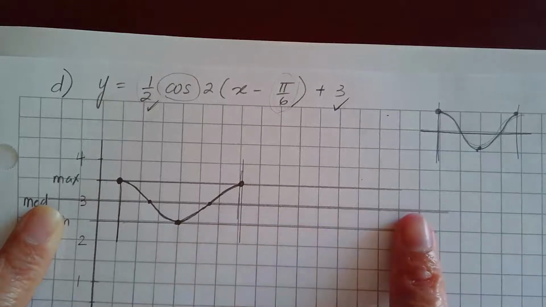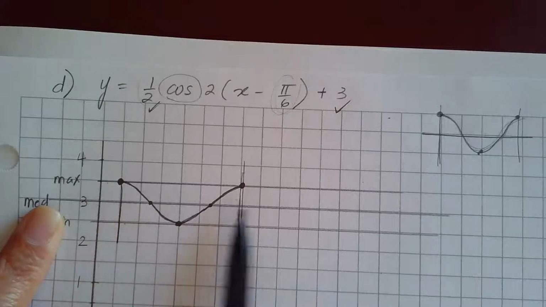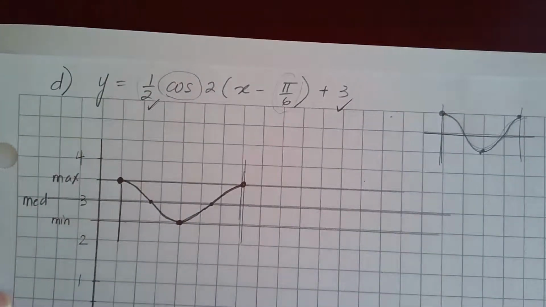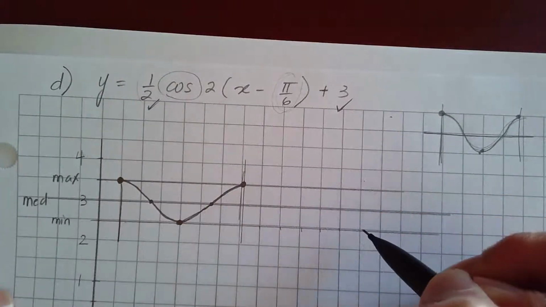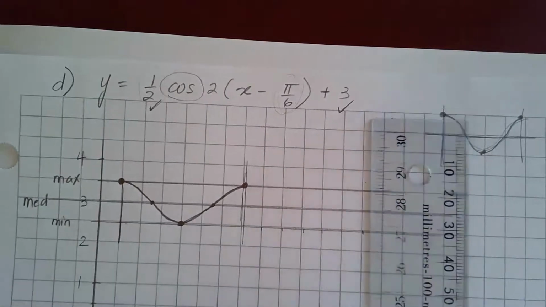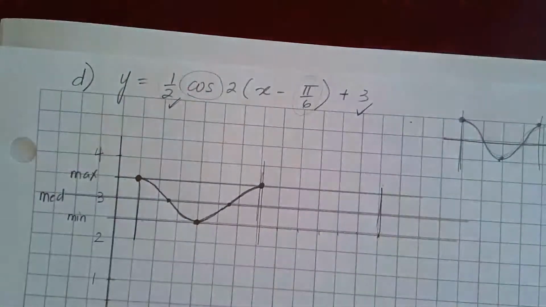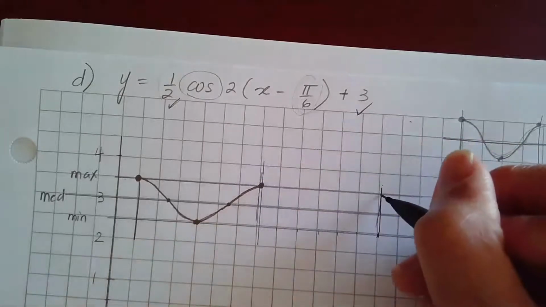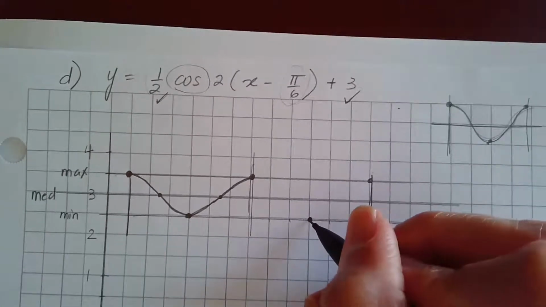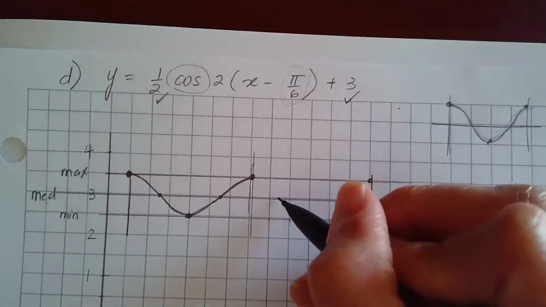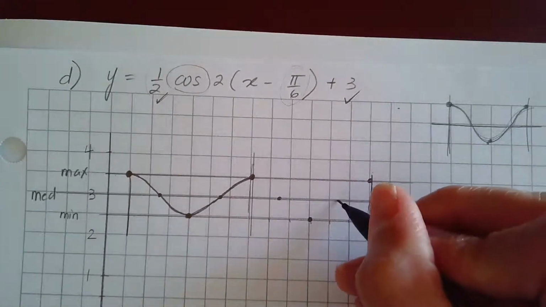Now we got to do another one this way, another pi radian. So remember, every pi would be 6 ticks. So 1, 2, 3, 4, 5, 6. So right there. Okay, so cosine starts with a max, ends with a max, and then minimum in between, and between these two is a median, between these two is another median.